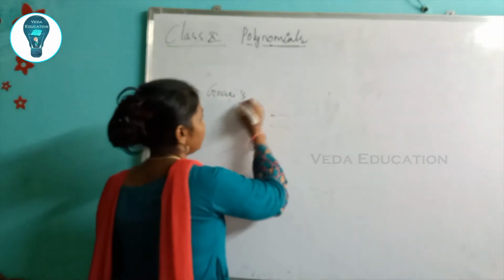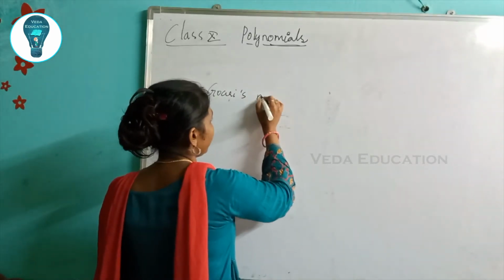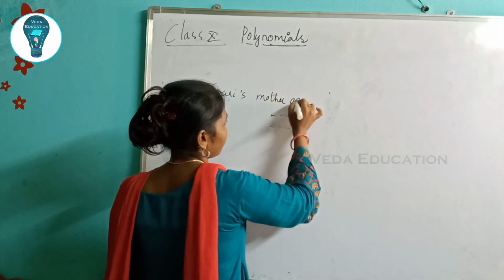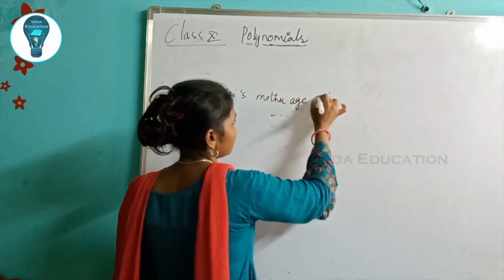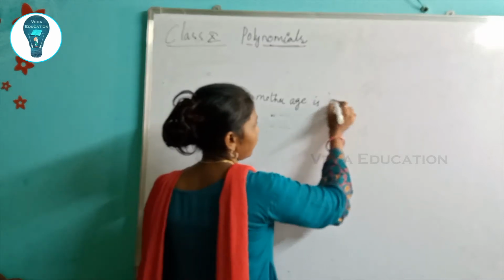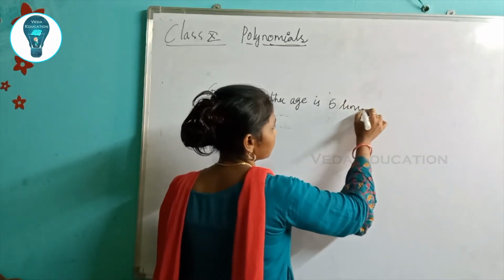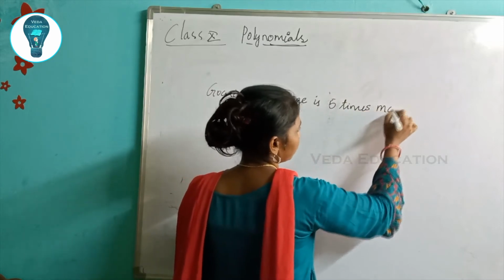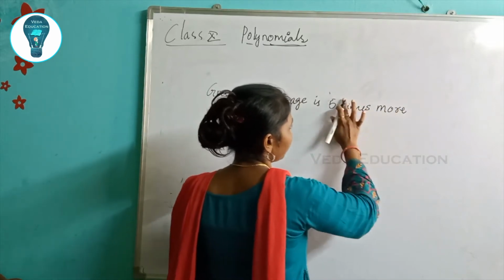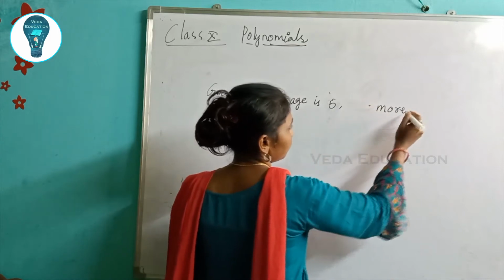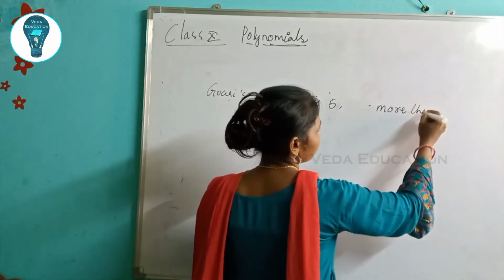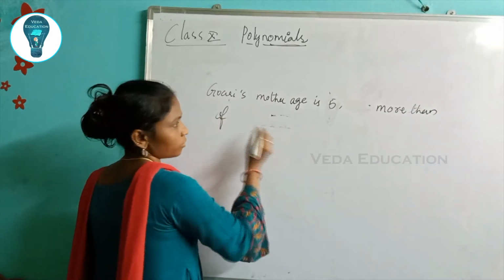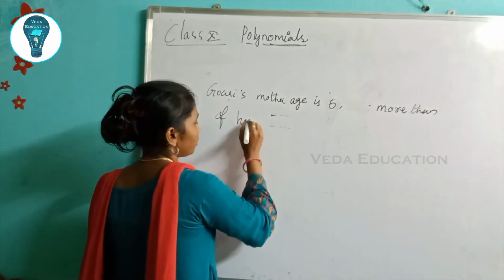Gauri's mother's age is 5 more than her age.